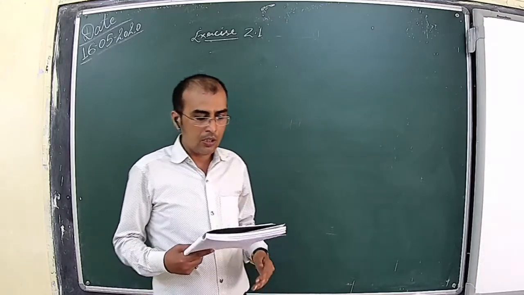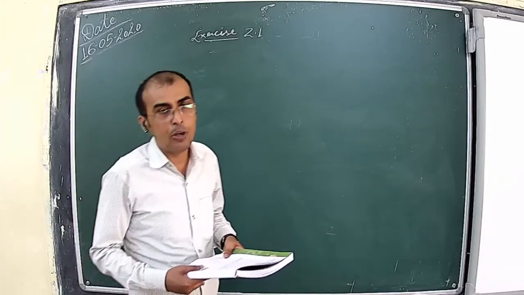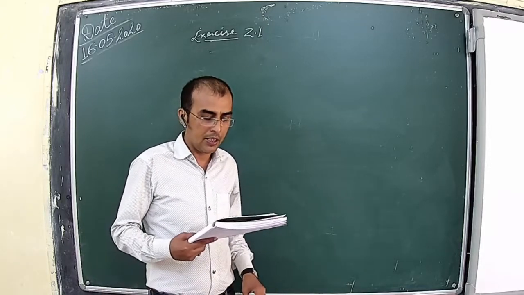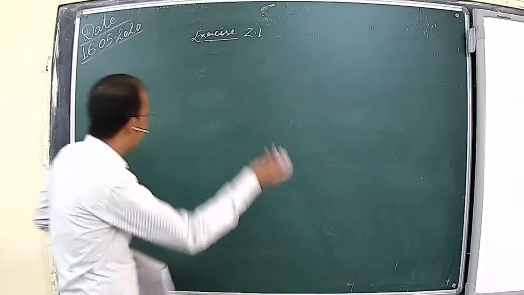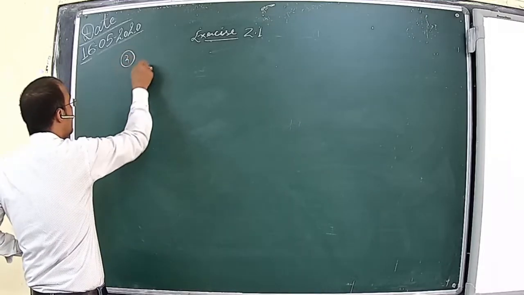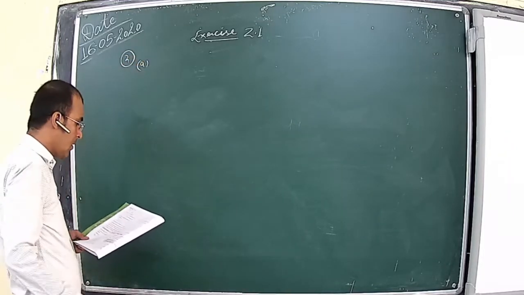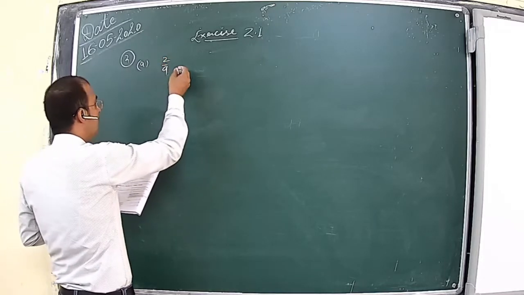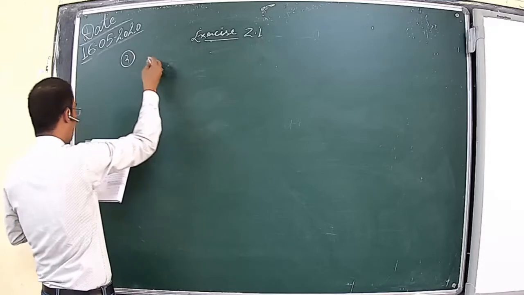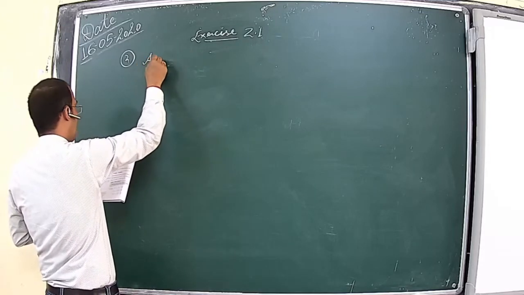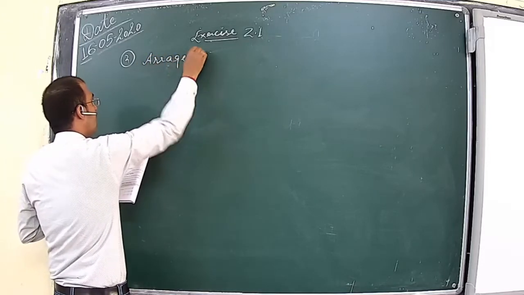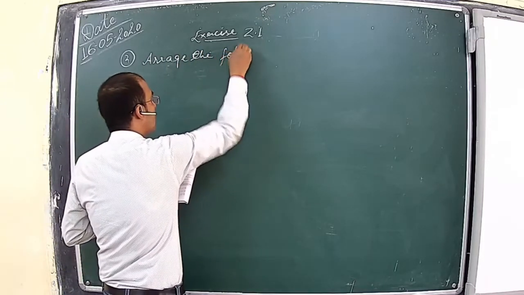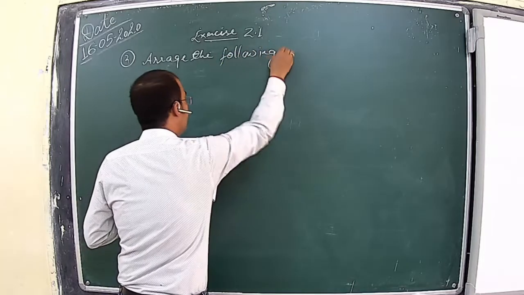So here question number 2 is given. You have to arrange the following, in ascending order or descending order. So 2A is given. Question number 2A. Arrange the following.